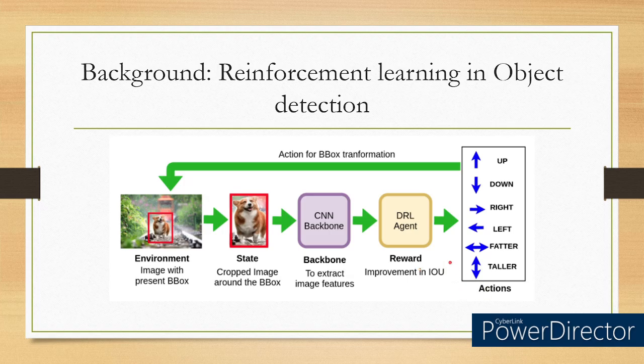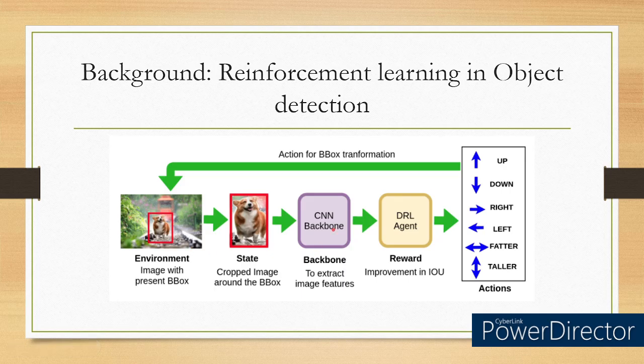The designed actions involve up, down, right, left, fatter, taller, but are not limited to the six mentioned in the figure. The upcoming paper will introduce different settings of the actions, and through the actions, the box becomes nearly aligned to the target we want to capture.